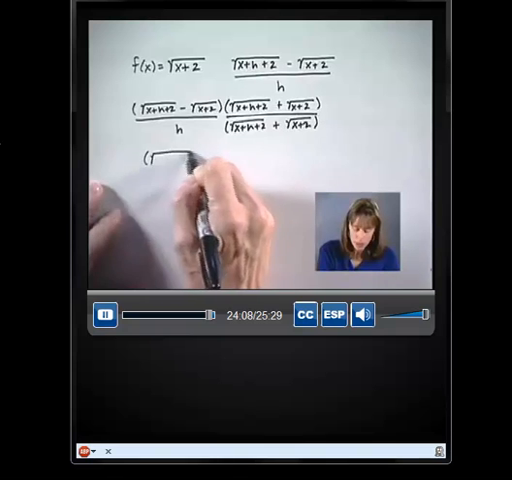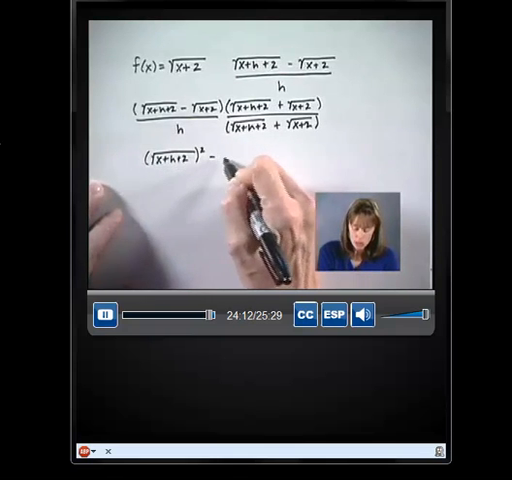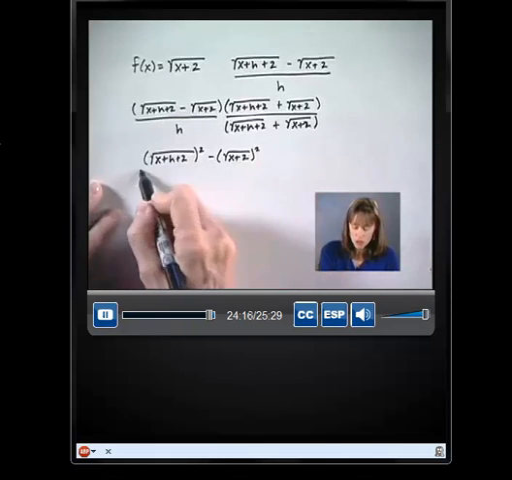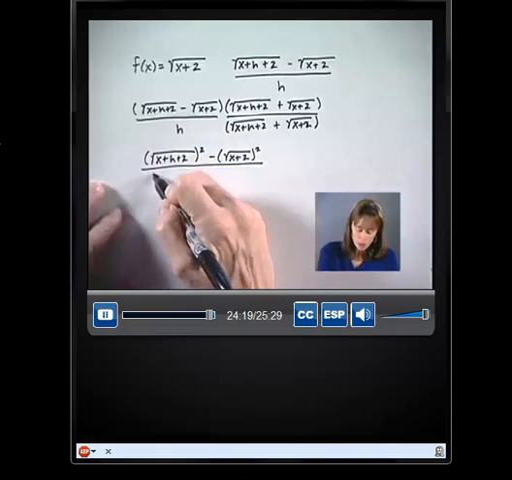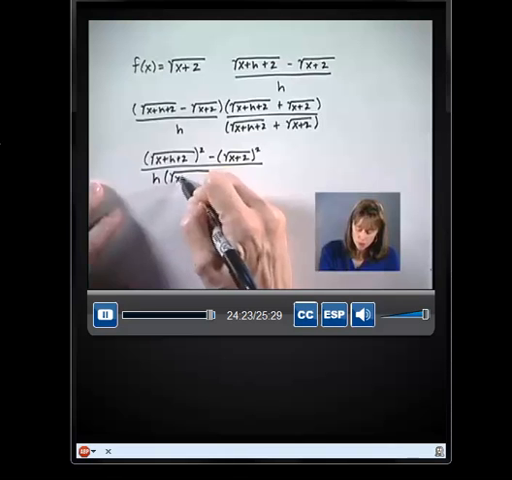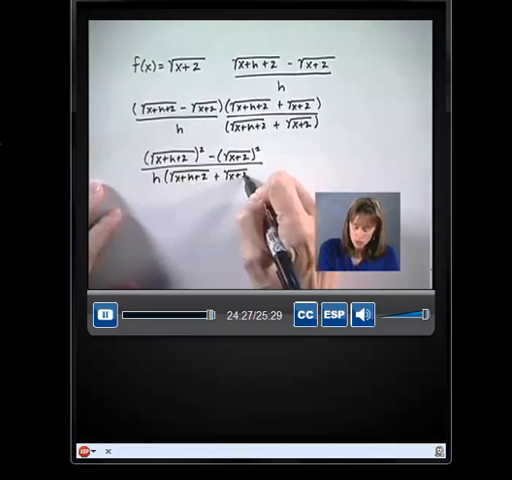Let me write it that way as an intermediate step. We end up with the first quantity squared minus the second, sort of a difference of 2 squares. And in the denominator, intentionally, I am not going to distribute the h, times square root of x plus h plus 2 plus square root of x plus 2.